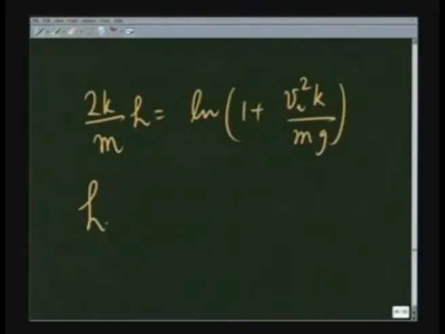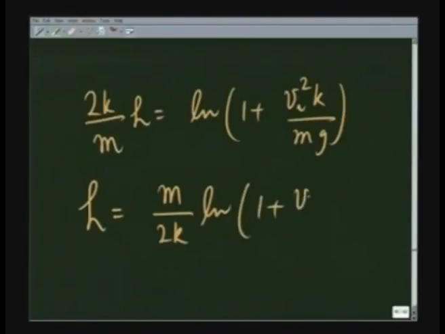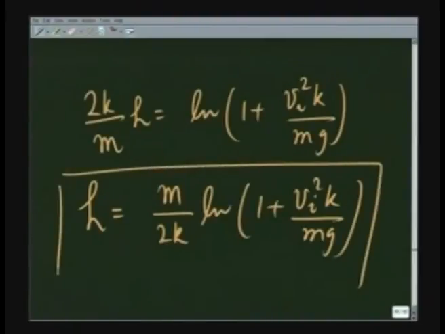The height it went up to is m over 2k log of 1 plus v initial square k upon mg. This is the height at which it stops.